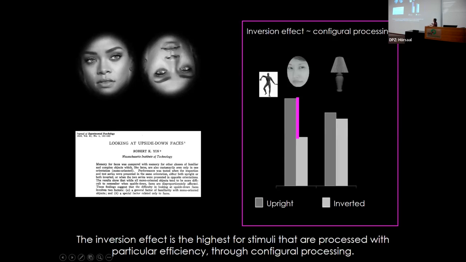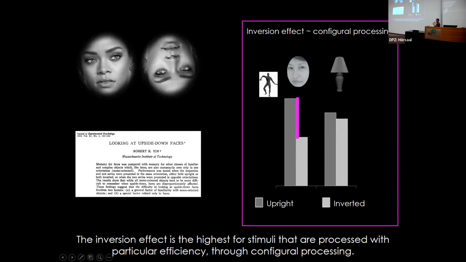So here you see a classic pattern of performance in recognition of faces and also bodies relative to any other familiar object. Typically, as I said, we recognize, detect, identify faces much better than other familiar objects, but there is a larger sensitivity to the disruption of spatial relations that we measure in the form of the inversion effect.